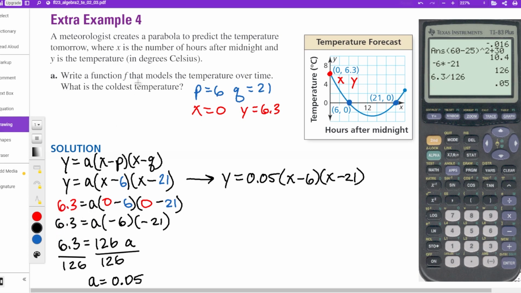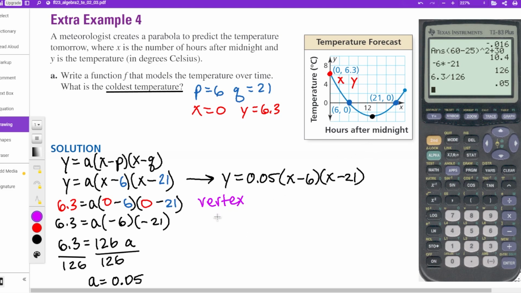And now that we know the equation of the parabola, we can figure out what the question is asking. The question is asking what is the coldest temperature? And that is going to describe this point right here. And the coordinates of the vertex is something that we have to calculate. So for the vertex, not only do we not know the x-coordinate, but we don't know the y-coordinate either.